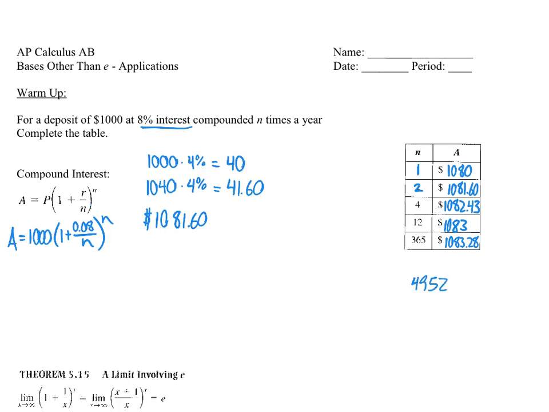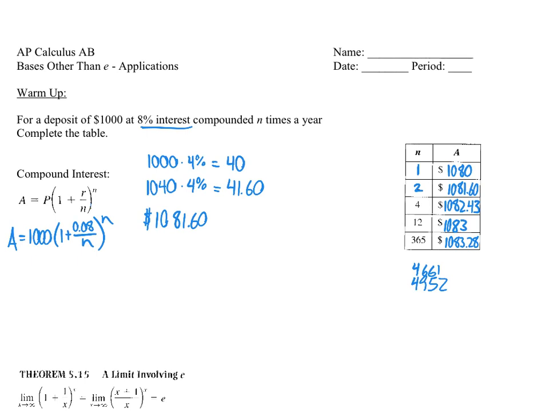As opposed to if I compounded it once a year, and I just did 1,000 times 1.08 to the 20th power, I would only have about $4,661.